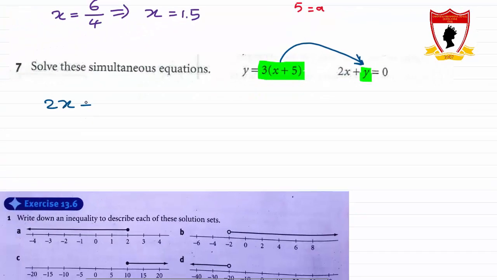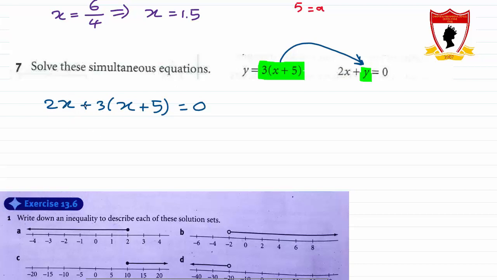2x plus 3 bracket x plus 5 equals 0. In this step, since I substituted this bracket instead of y, you should not see any y in this step. Now I just have x's and numbers.